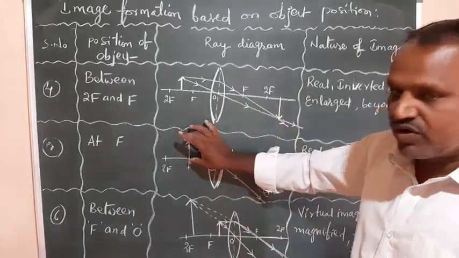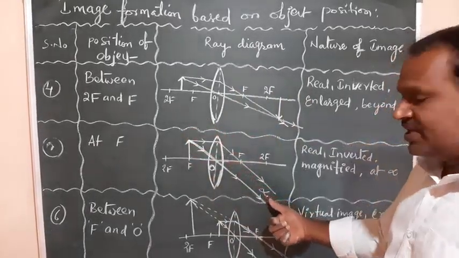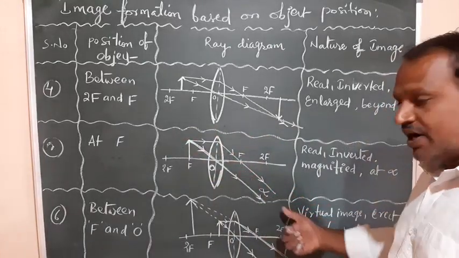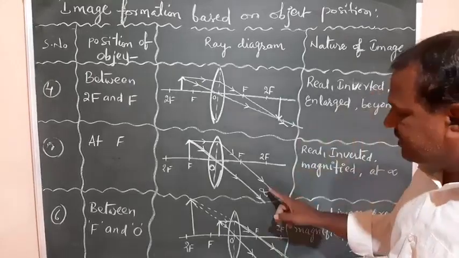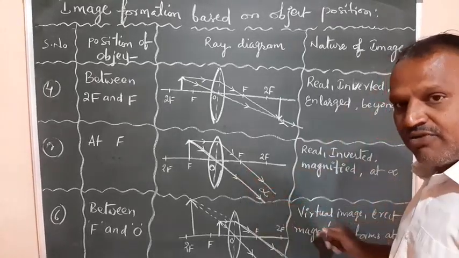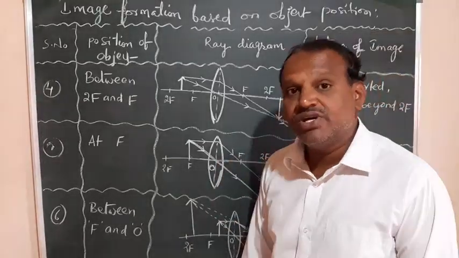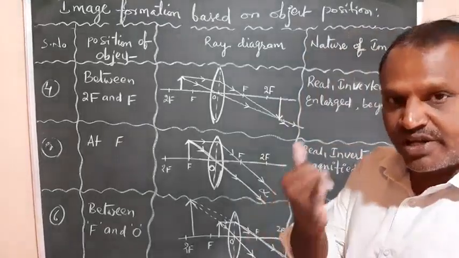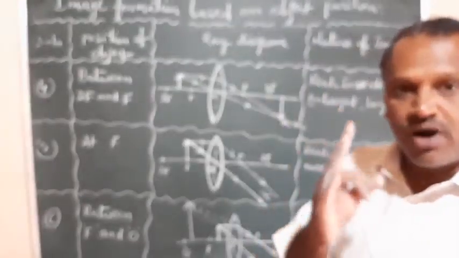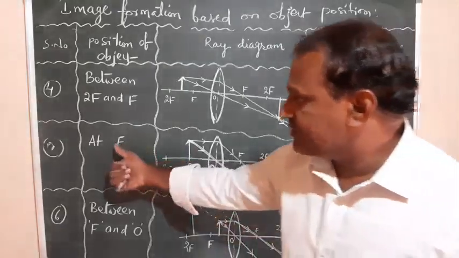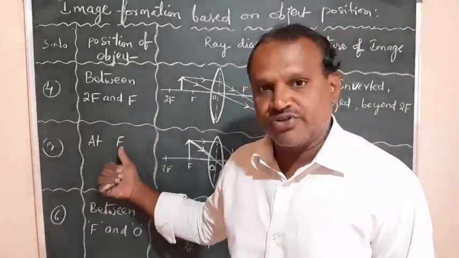Infinity means we cannot go up to long distances; if the eye is kept in these parallel rays, here or here or anywhere, you can see the magnified image. It is a real, inverted image, it forms at infinity, and it is magnified, for the fifth case whenever we keep the object at focus, correct?